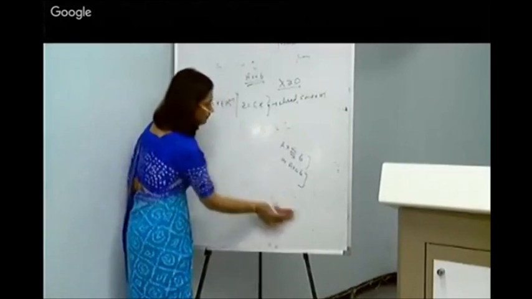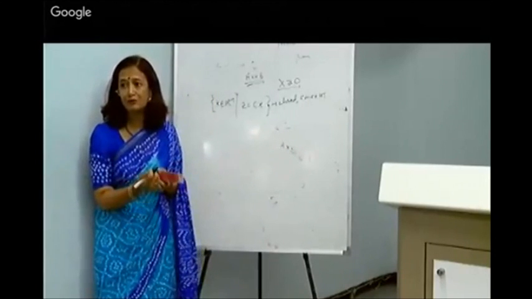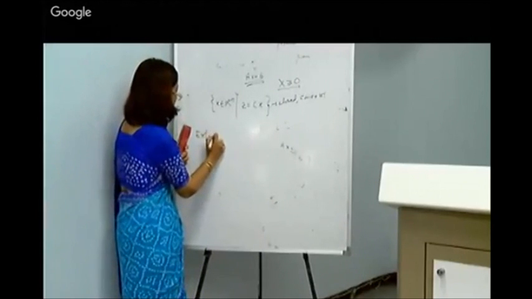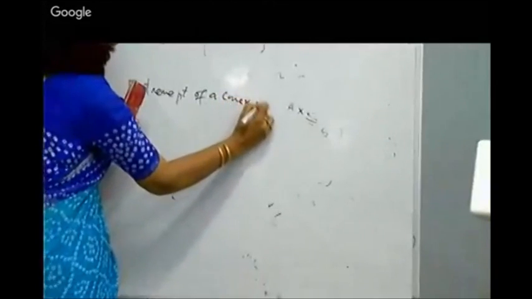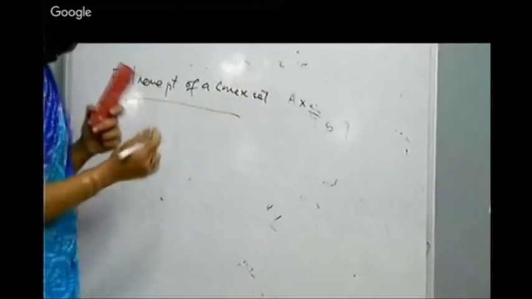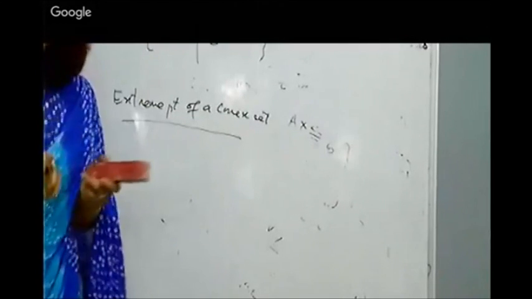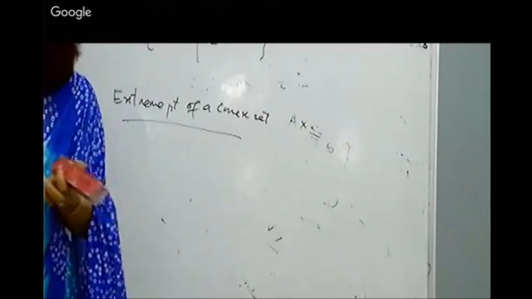Corner point पहले तो in context to a convex set. If the set is not convex, we can't talk of a corner point. So what is an extreme point? These are called extreme points. What is an extreme point of a convex set? How can we define it? नहीं, आप R2 में तो कह देंगे corner है, Rn में you can't see it graphically. So corner has no meaning in Rn.